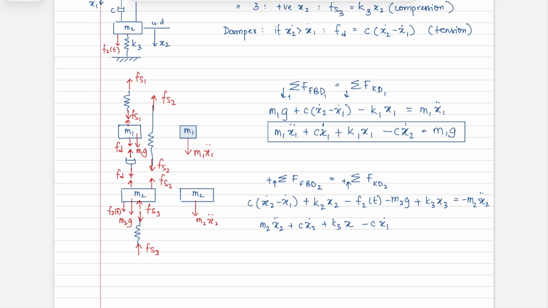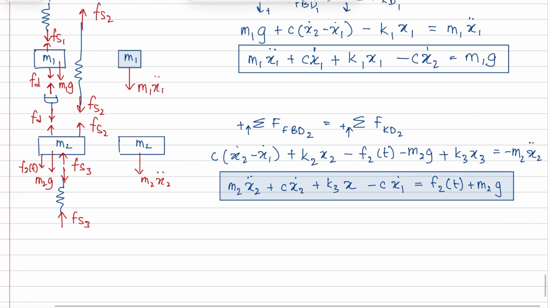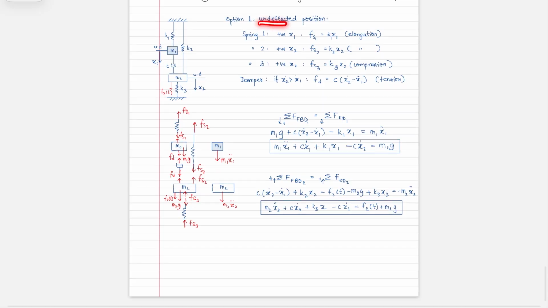There's no x1, so this would be equal to, and on the other side you have F2 of t plus M2g. So these are the two equations of motion. If you're going from the undeflected position, as you can see, M1g and M2g do feature.